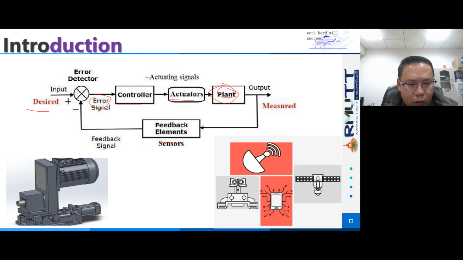The controller sets the right signal. The sensor continuously measures the current state of the system and provides feedback to the controller. The system continuously updates the error based on the feedback, creating a loop.